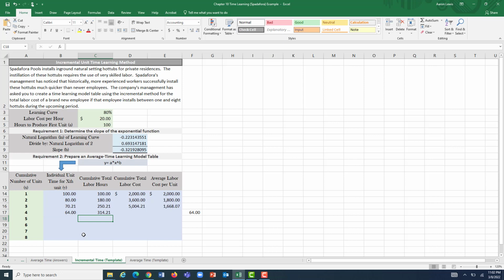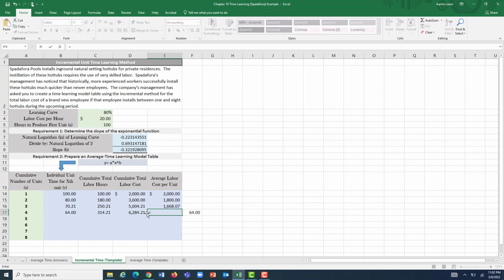That's 314.21 hours to make 4 hot tubs in total at a rate of $20 per labor hour times the 314.21 hours. We would pay that employee $6,284.21 in total to install 4 hot tubs.